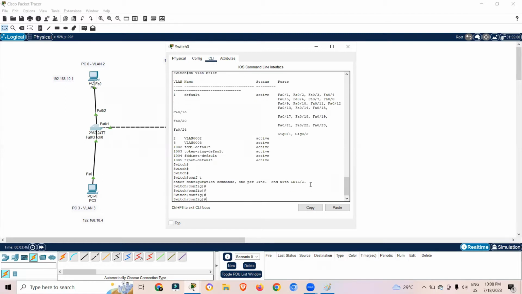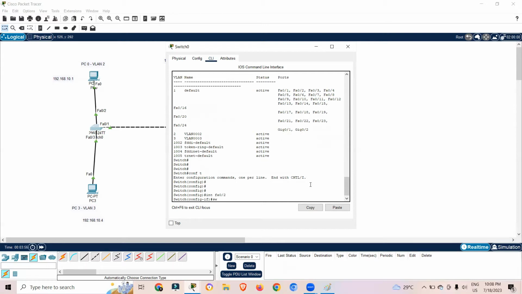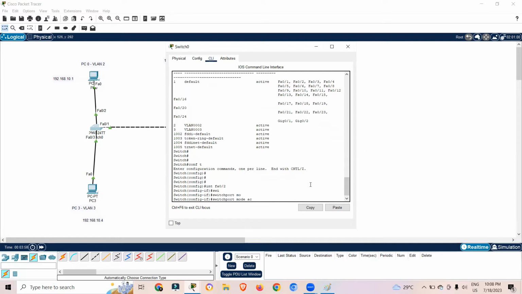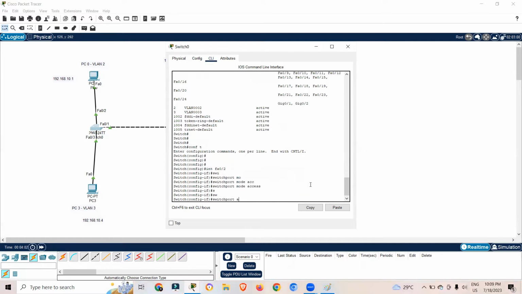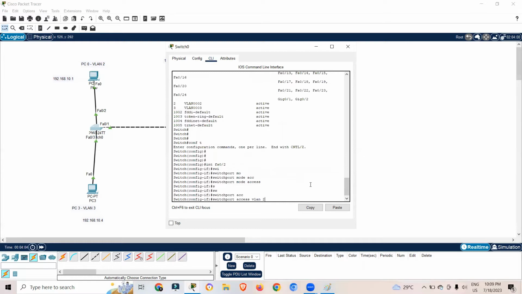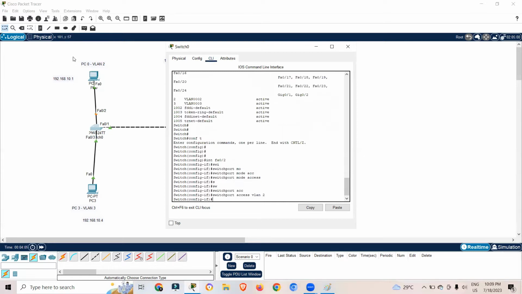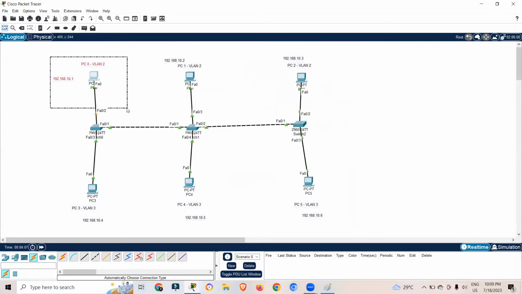Configure terminal. Let's make FA0/2 a member of VLAN 2. Interface FA0/2, switchport mode access, switchport access vlan 2. Now this PC connected to this switch is part of VLAN 2.